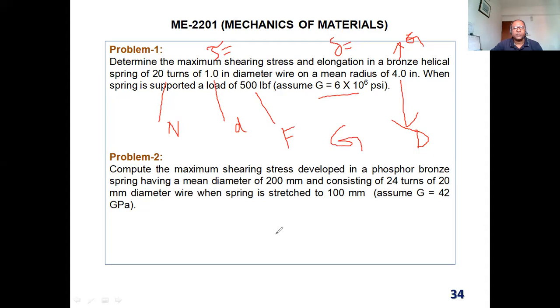And easily you can figure it out, because tau equals 8FD divided by pi d cubed, into Kb.